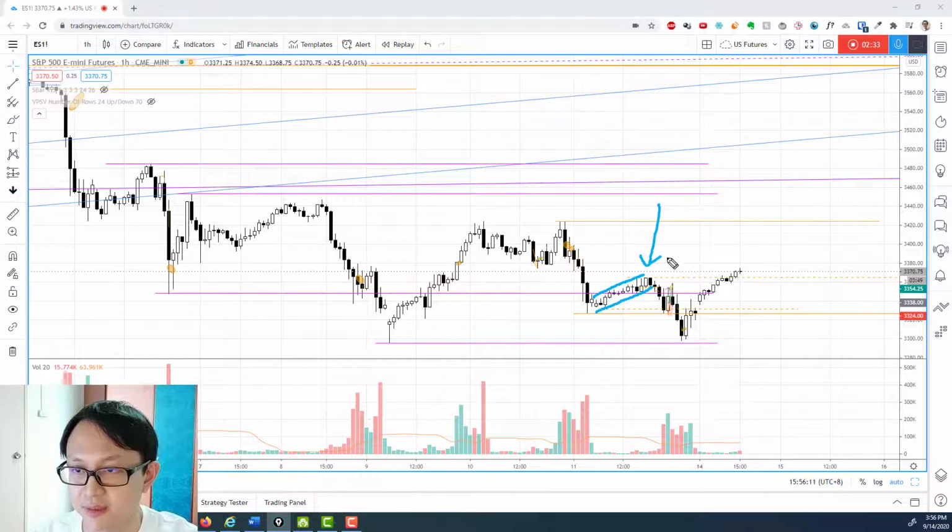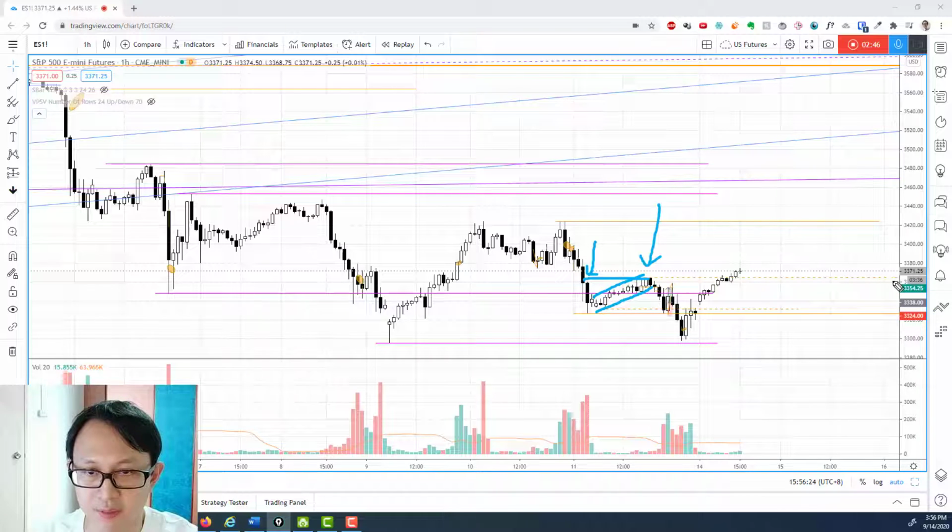Subsequently, it couldn't overcome the high of the last hour bar at about 3 a.m. in my time zone. You can see that it just touched around 3360 and got rejected here, and subsequently had a reaction down.